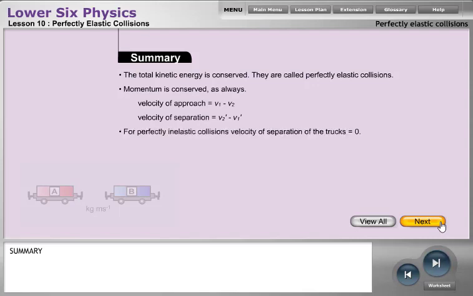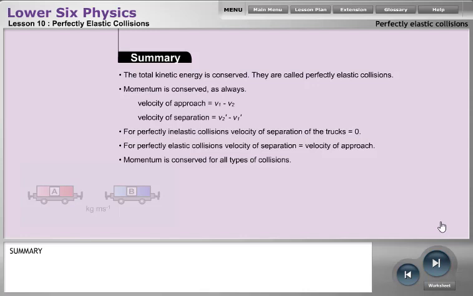For perfectly inelastic collisions, velocity of separation of the trucks is 0. For perfectly elastic collisions, velocity of separation equals velocity of approach. Momentum is conserved for all types of collisions.